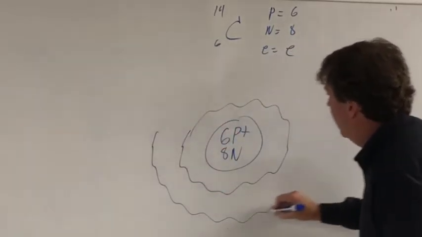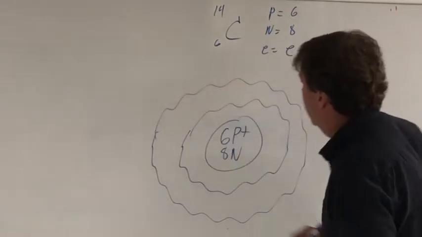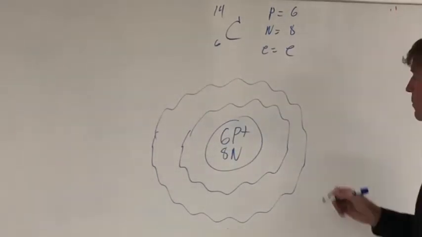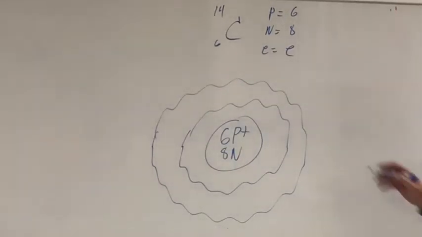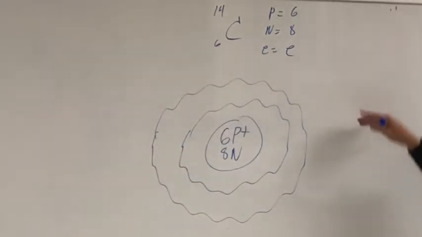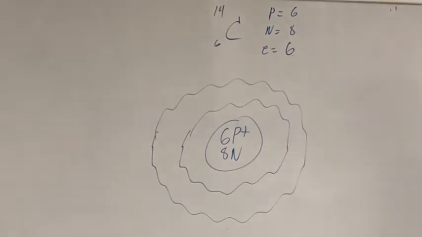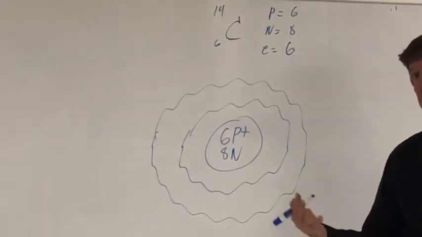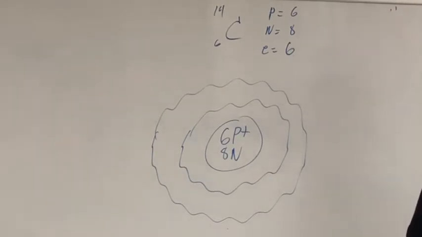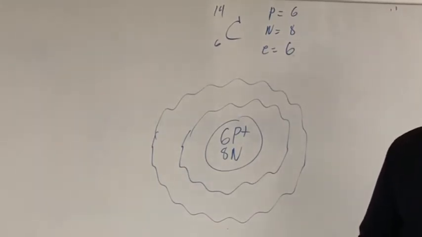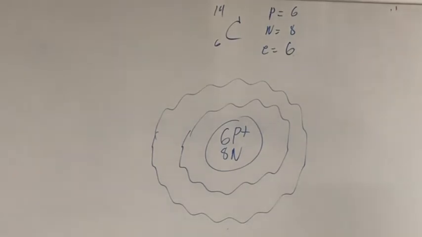Energy level 1, energy level 2. Notice I don't need a 3rd energy level. It's simply not big enough. There's not enough electrons to enter a 3rd energy level.